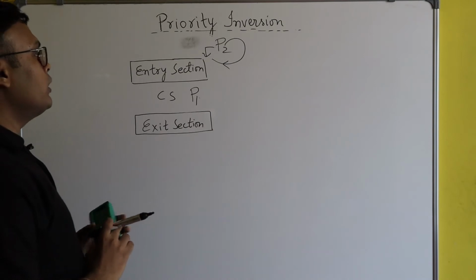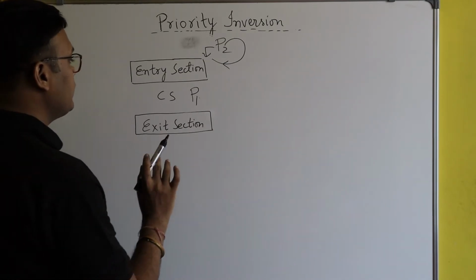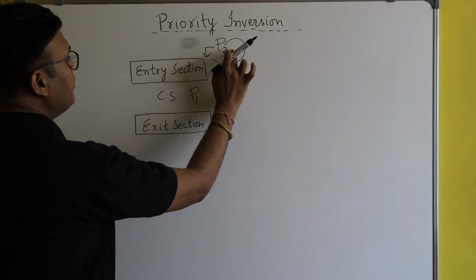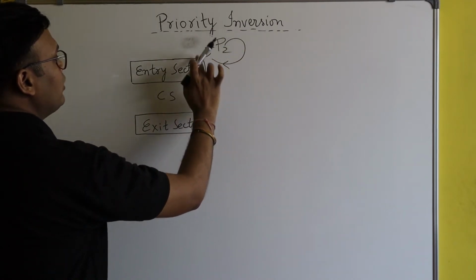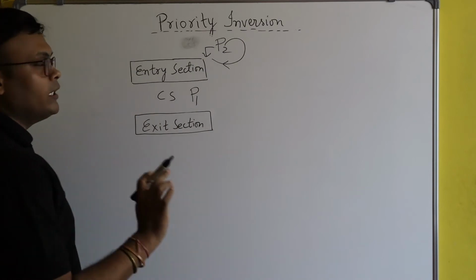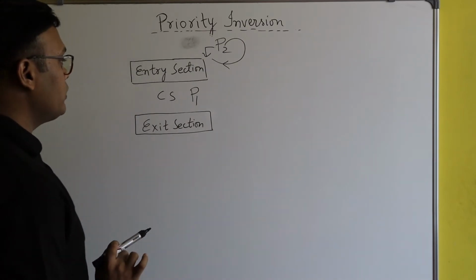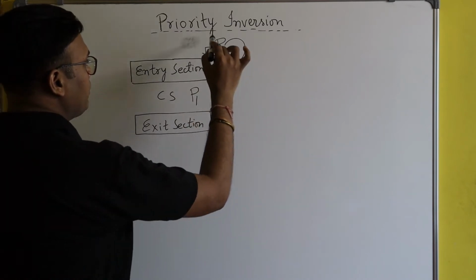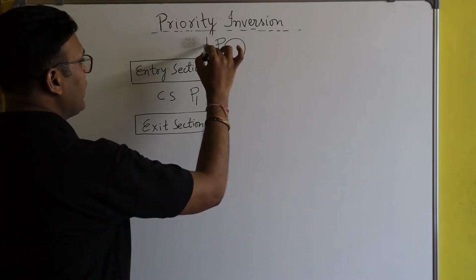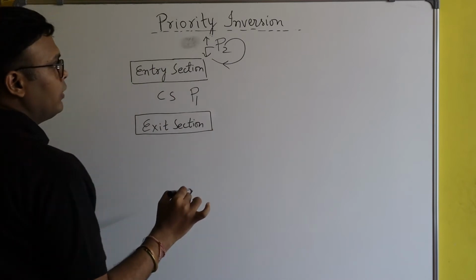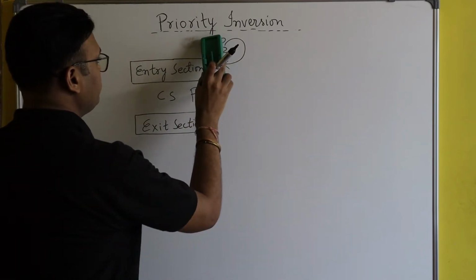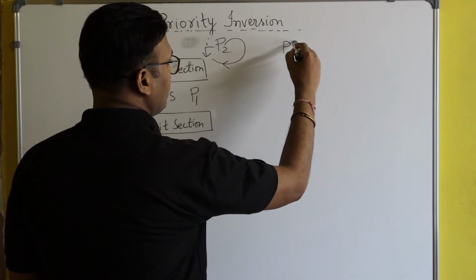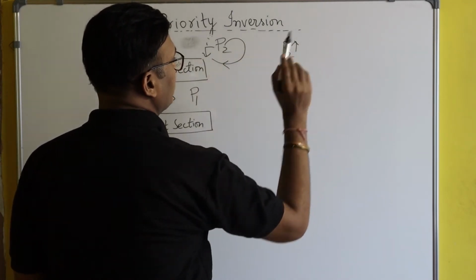So here it's a clear case: P1 is present inside the critical section and P2 is stuck in the while loop in the entry section. Now suppose the priority of P2 is higher than P1.